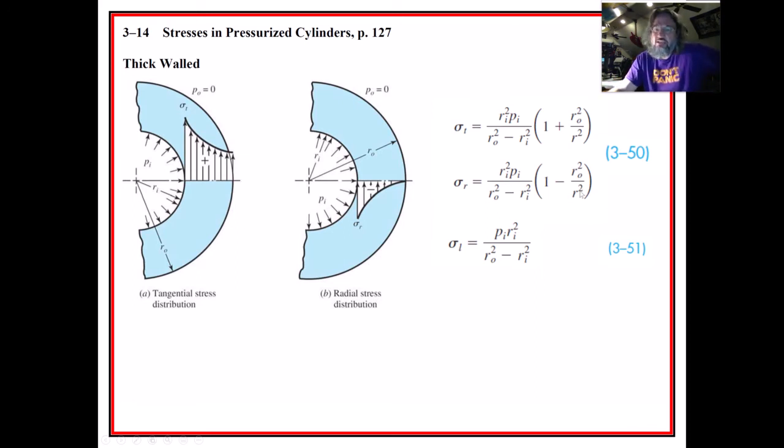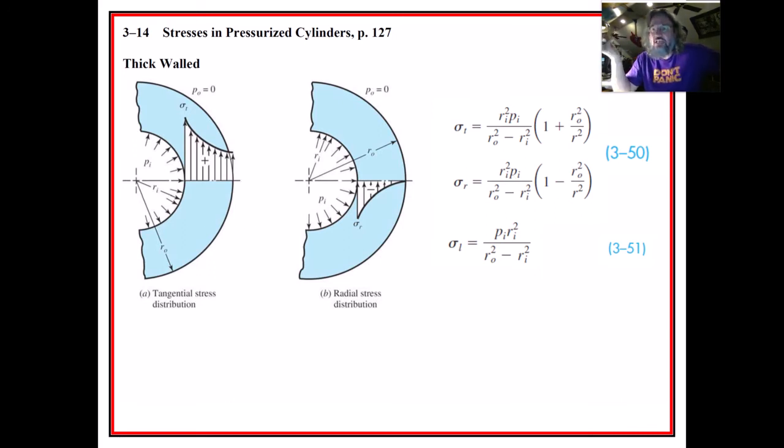And if you set, there's a little bit of algebra here, if you set R equal to Ri, all of this stuff just works out, and you end up just having negative Pi. So the stress is negative because it's compressive stress. That's what this equation is describing, the stress state at any position between Ri and Ro. And right here on the inside surface, it's going to be equal to negative the pressure.